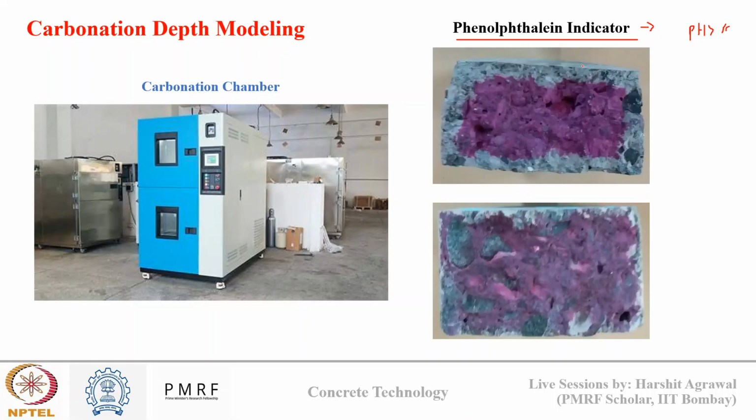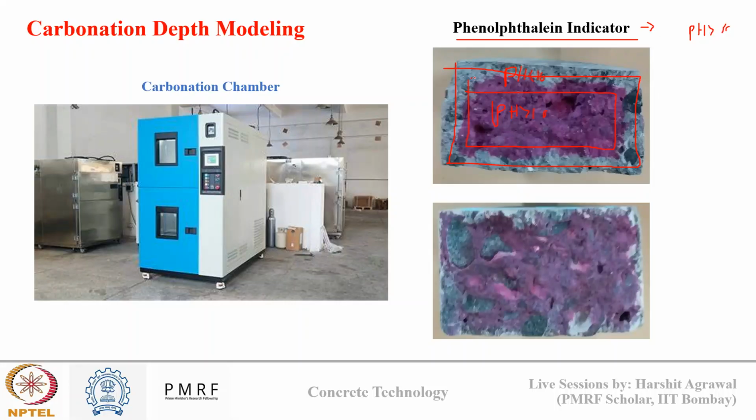Suppose I have a concrete sample. I have broken that concrete sample from the middle, and I have sprayed phenolphthalein indicator over the entire area. You can see there is a central patch over which there is violet color. This patch represents the area which has pH more than 10, and the colorless patch represents the area where pH is less than 10.